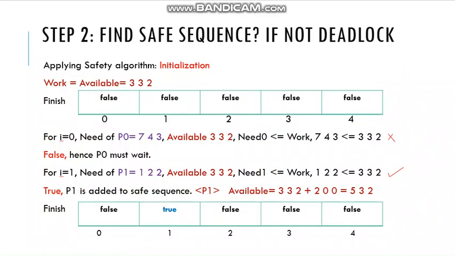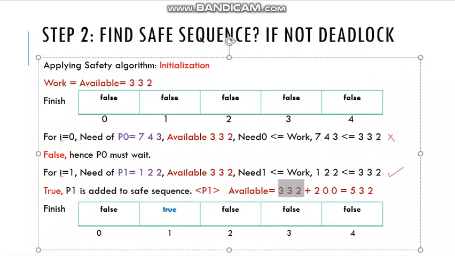So available initially was 332, then P1's allocated resources are now added. Just add 3 plus 2 is 5, 3 plus 0 is 3, then 2 plus 0 is 2. So now this is our updated available resources.